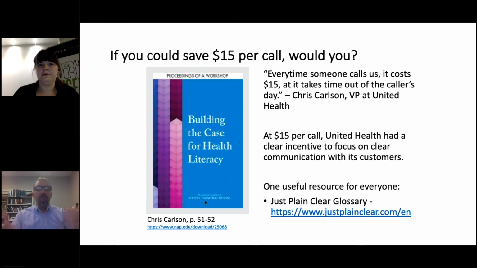We don't have to click on the link, but I just thought I would put the link for you here. It's this Just Plain Clear glossary that they're creating. They have thousands of words, and they've started to translate that into Spanish and Portuguese because they have a big presence in South America.